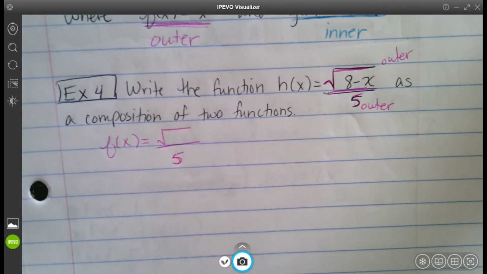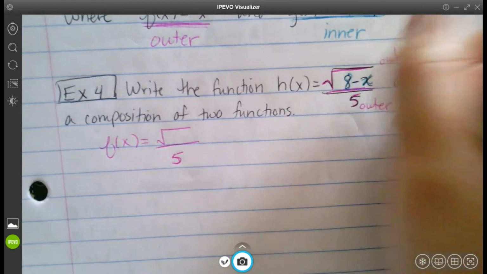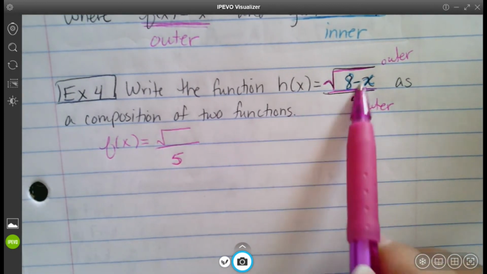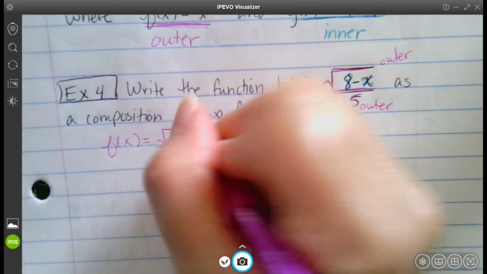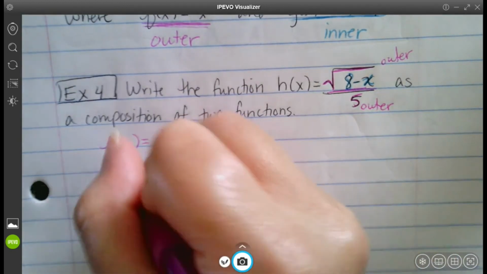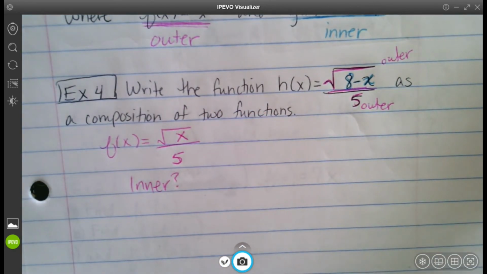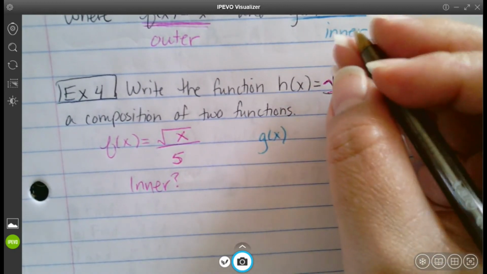Since this is what's inside, 8 minus x, I'm going to outline that in a different color. I'm going to say that's my inner. So if this is my inner, that means it replaces the x that's originally here. Oh, no, I put this backwards.